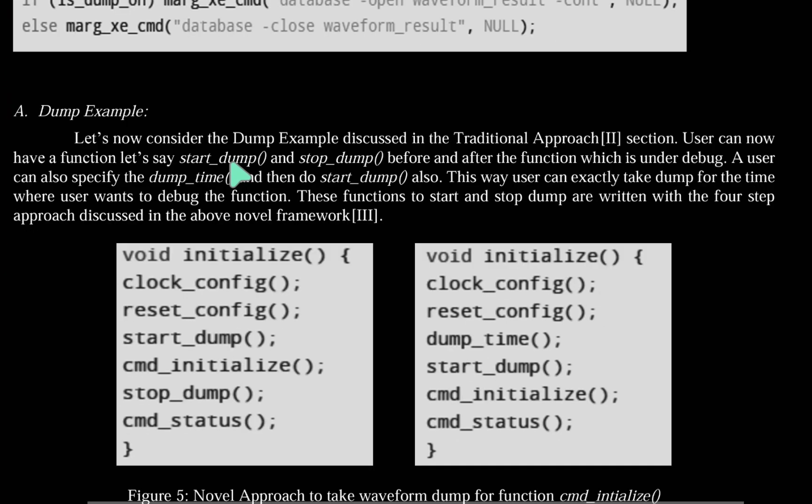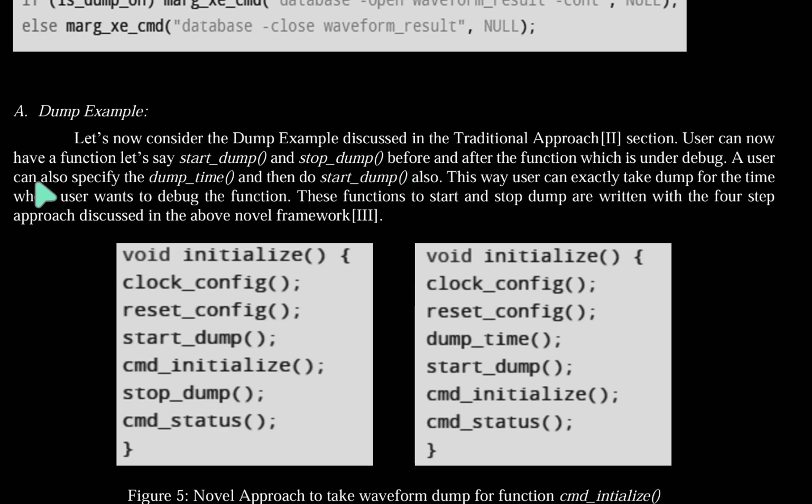Dump example. Let's now consider the dump example discussed in the traditional approach, Section 2. User can now have a function, let's say start_dump function and a stop_dump function, before and after the function which is under debug.